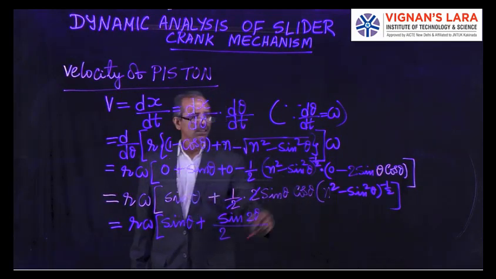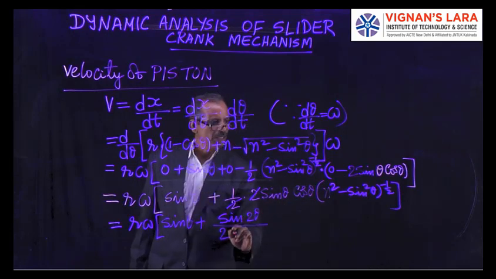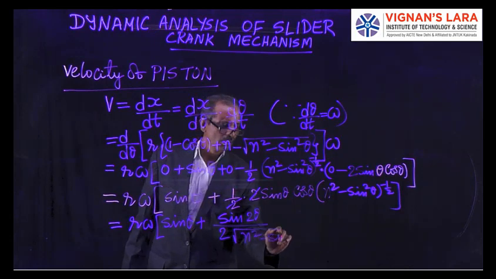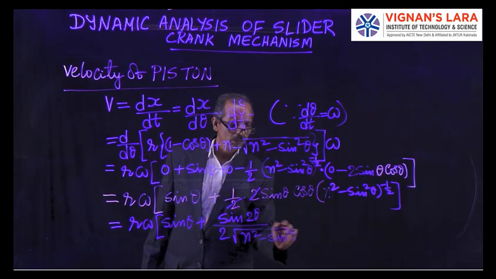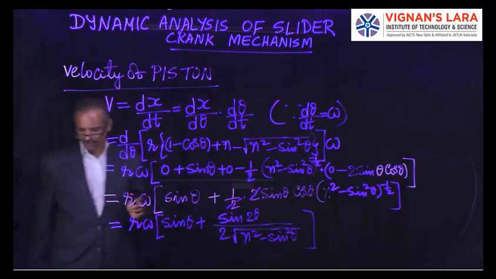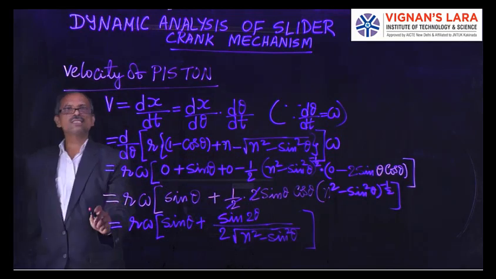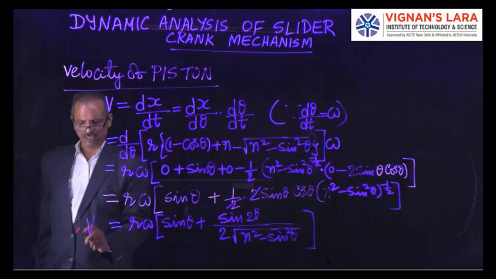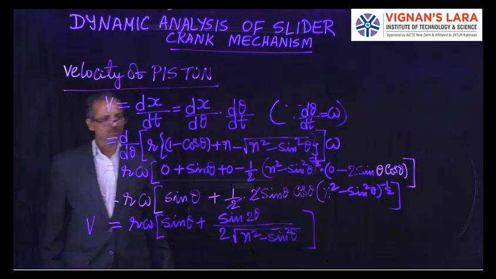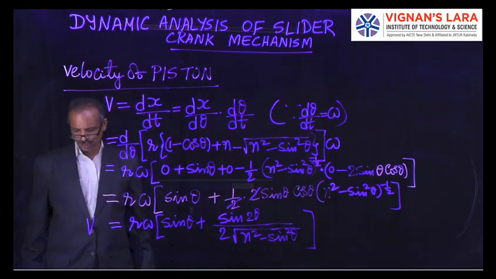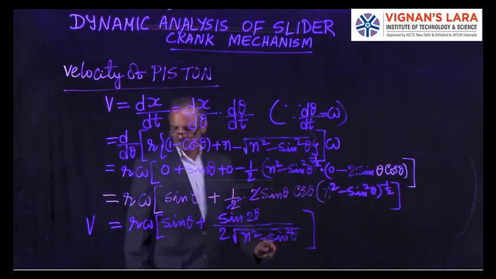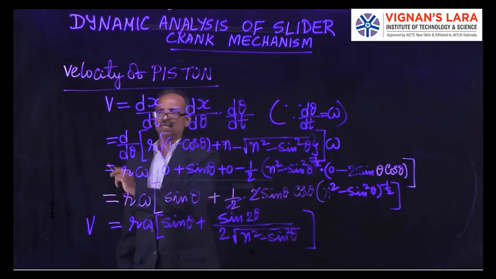This comes as a plus, as root over n square minus sin square theta. Okay, so this is the equation for velocity: r omega into sin theta plus sin 2 theta by 2 into root over n square minus sin square theta. This is the governing equation for velocity.